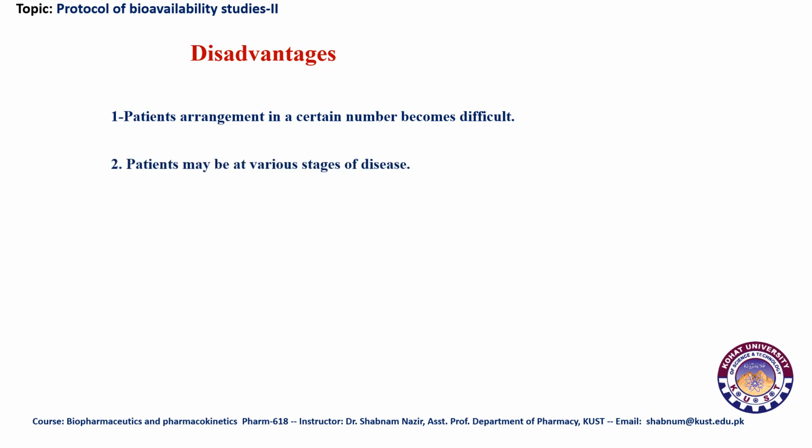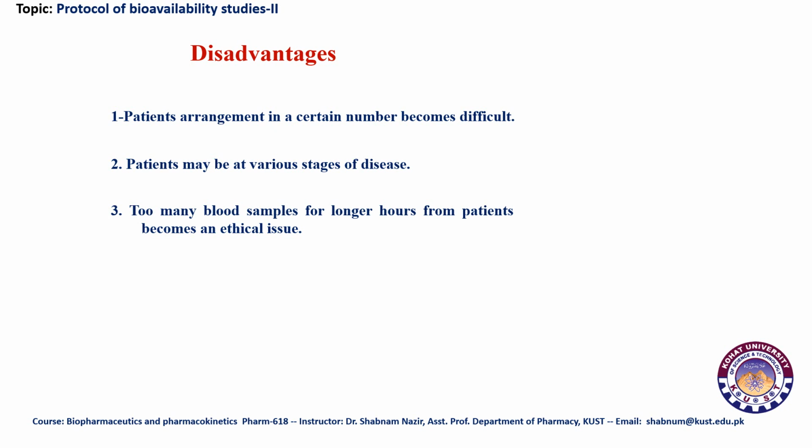The second problem associated with including patients as volunteers is that patients might be at various stages of disease. Comparing patients who are at different stages of the disease could interfere with the final results or their interpretation.